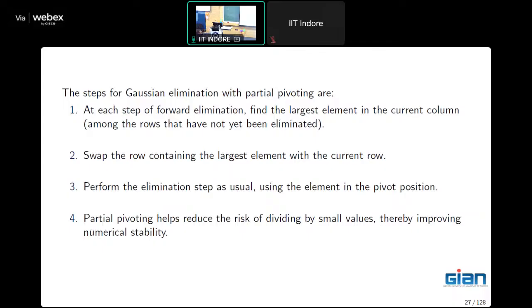The steps for Gaussian elimination with partial pivoting are: at each step of the forward elimination, find the largest element in the current column among the rows that have not been eliminated. Swap the rows, and partial pivoting helps to reduce the risk of dividing by small values, thereby improving the numerical stability. Okay, so in this way you can improve your numerical stability.